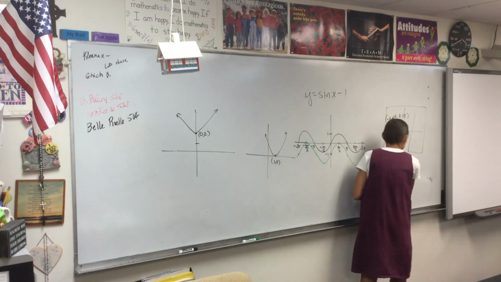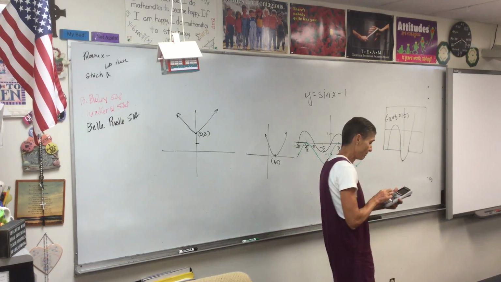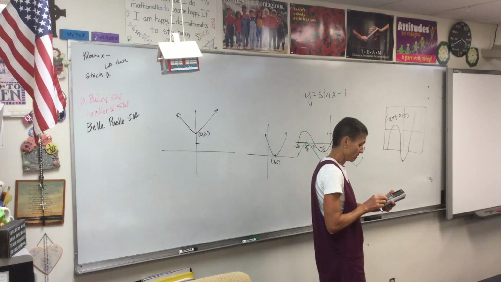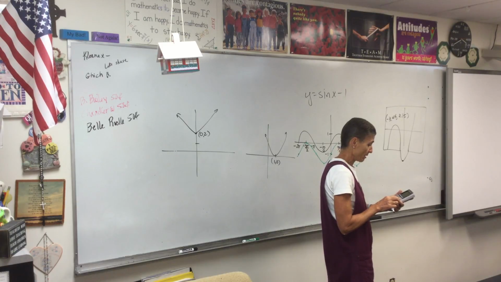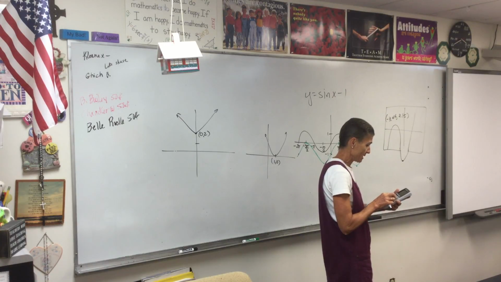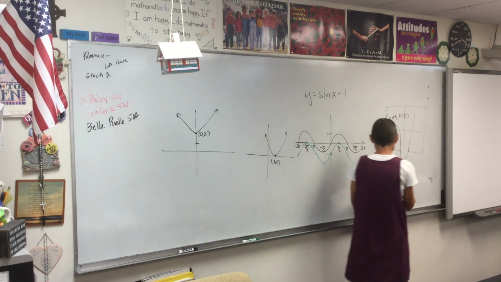But there is a relative minimum, so now I'll find that. Start over, second calc, go down to minimum this time. We set our bounds just like we did before. This is exactly the same as you've done before, except now you're looking for high points and low points.